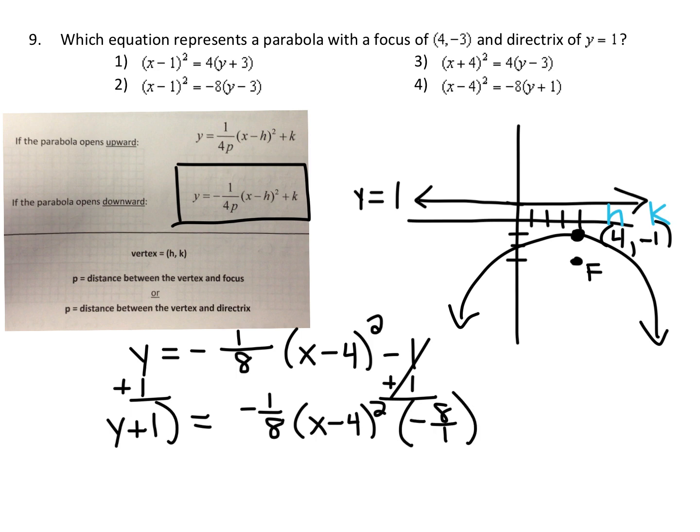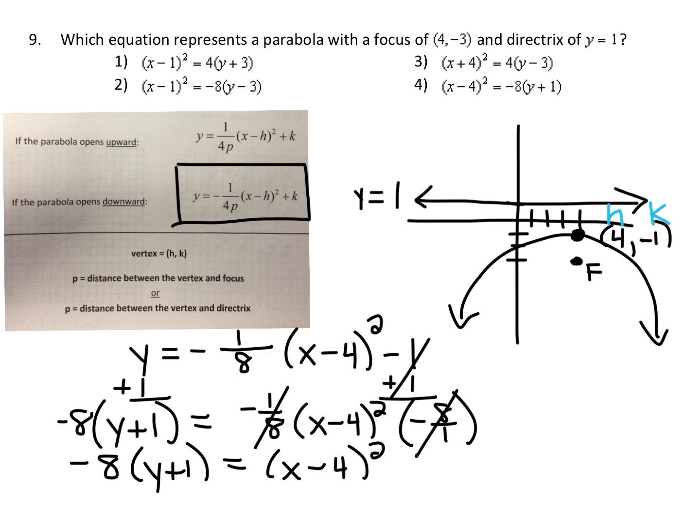If you prefer to just write negative 8, you can do that. But anyway, the negative 1/8 and its reciprocal cancel off. So it leaves us with, I'm not going to distribute this. I'm going to leave this as negative 8 times y plus 1 equals, and then I'll bring down the x minus 4 squared. And the reason I didn't distribute this was because they didn't here. Okay, so choice 4 is our answer.